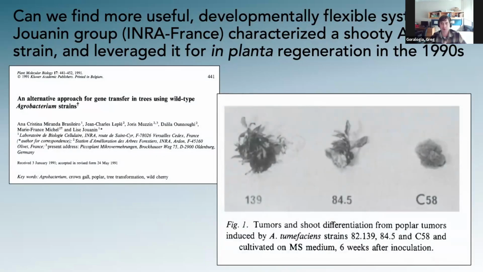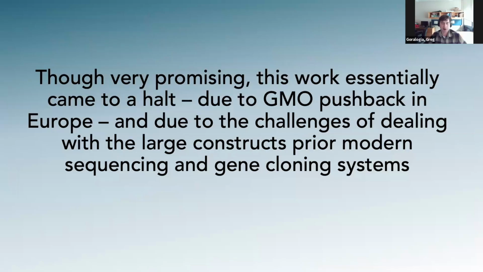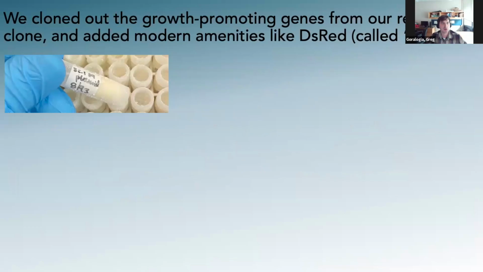And so we wondered whether this might be something more developmentally flexible that we could use as a transformation system. But a lot of their funding was cut in the late 90s due to GMO fear-mongering, and really these were unwieldy at the time to try and clone. So this strain in particular actually was sent to us in 1993, and it was still in the freezer, and I was able to resurrect it, which was pretty cool.